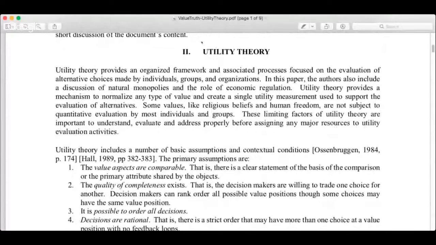So utility theory basically is focused on evaluation of alternative choices, getting people to rate and rank things, ideas, processes, alternative actions, as a group or as an individual. But it was found that people really have a very difficult time assigning a cardinal value of utility.